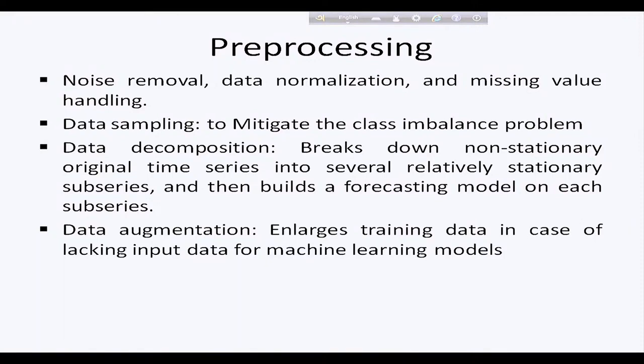If we can decompose the non-stationary signal into multiple stationary signals, then we can apply the existing statistical models to the individual stationary data and combine the decisions of those models together. And then data augmentation.